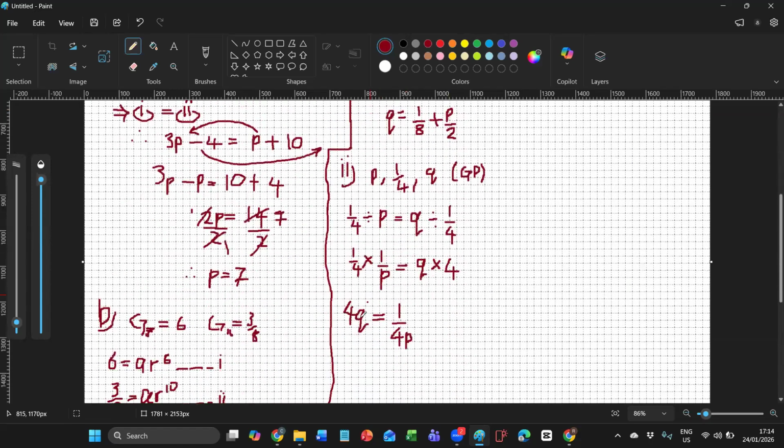Same thing we'll do. We'll divide both sides by 4. So we'll now be left with Q equals 1 over 4 times 1 over 4, which is as good as 1 over 16.